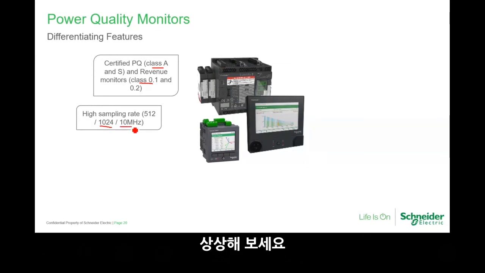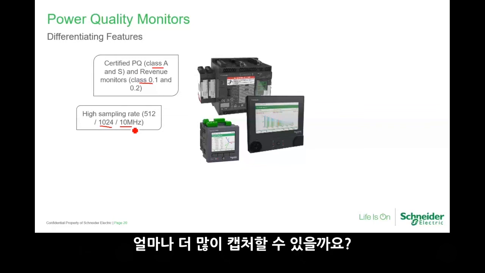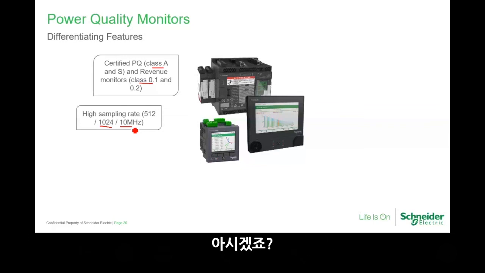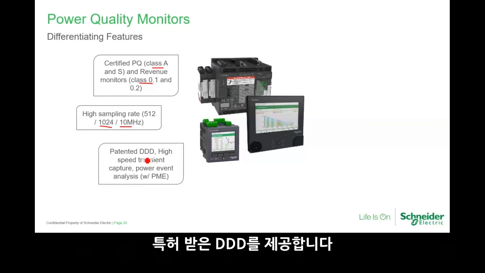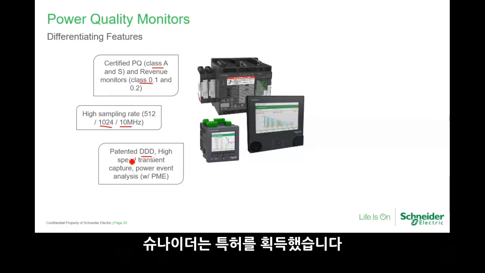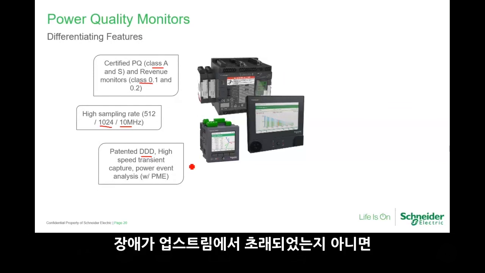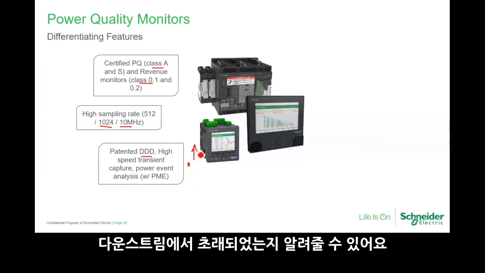Just imagine at 5 megahertz we can capture 83,000; at 10 megahertz, how much more can we capture? It's much more. Patented DDD. DDD stands for disturbance detection direction. We patented it. It is a very unique feature where, by looking at the waveforms itself, this meter is able to tell you at the point of monitoring whether the disturbance is coming from the upstream or from the downstream.